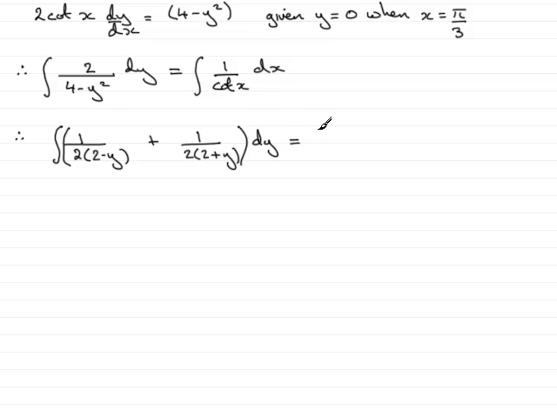Now 1 over cot x is 1 over tan x, so simplifying, this term becomes the integral of simply tan x with respect to x.